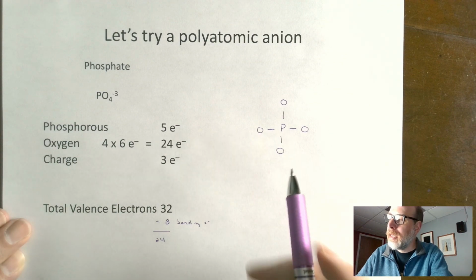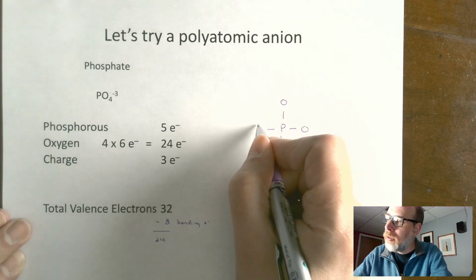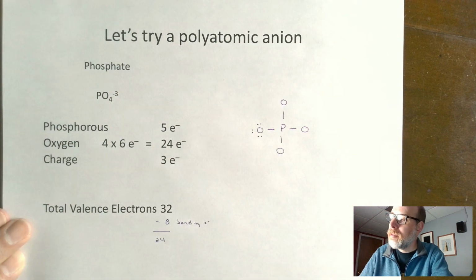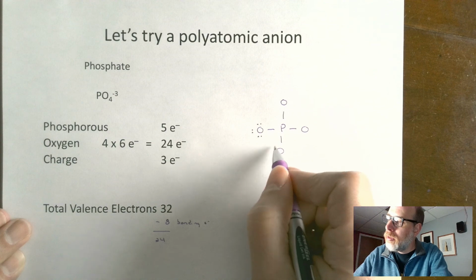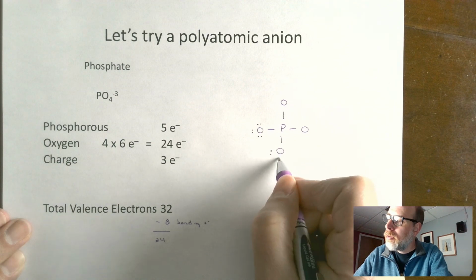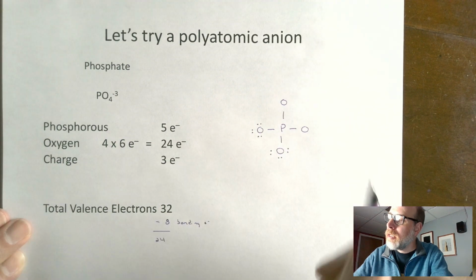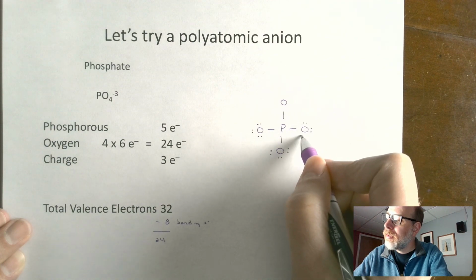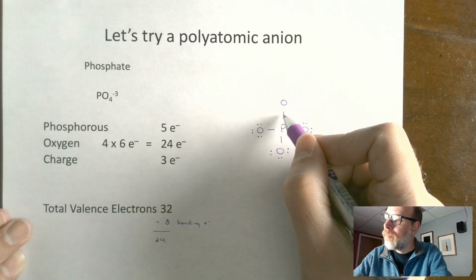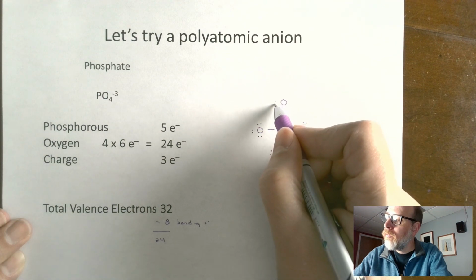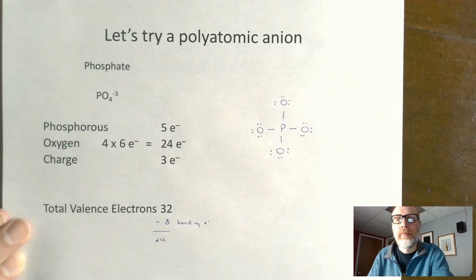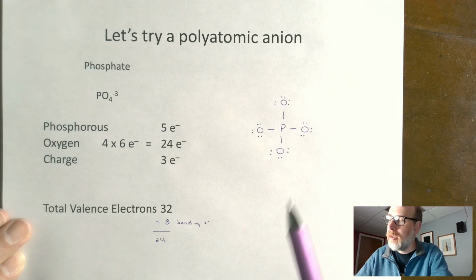Start with the terminal atoms. Each one gets 2, 4, 6, 8. How many non-bonding electrons have we added?